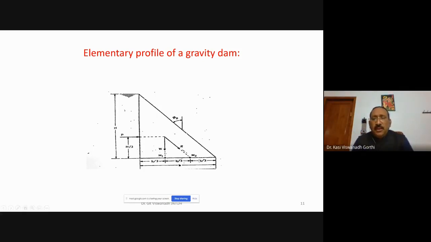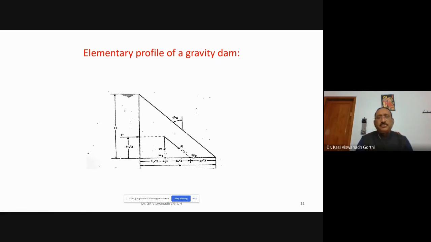In the figure, you will be able to identify that the base width B of the dam is divided into 3 equal parts, the central B by 3 and the outer B by 3, from toe to heel. Then W is acting exactly at B by 3, and R should act through this point, maybe a point M2. Thereby the dam becomes safe.